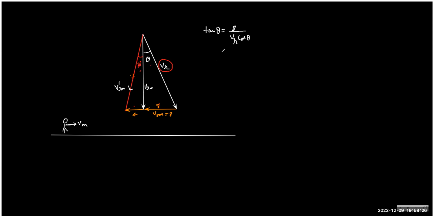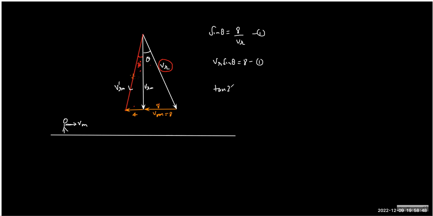So why am I writing this? So sine theta is how much? 8 by VR. Equation 1. Okay. So VR sine theta, we are getting how much? 8. In the second case scenario, the tan 30 will give you some answer.